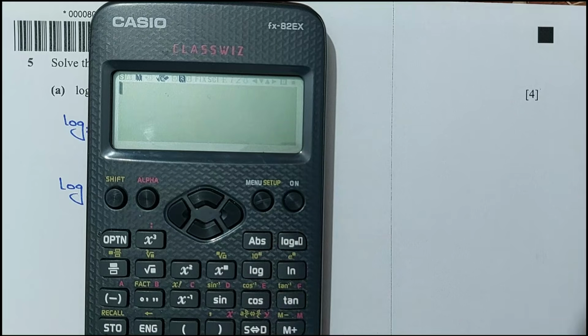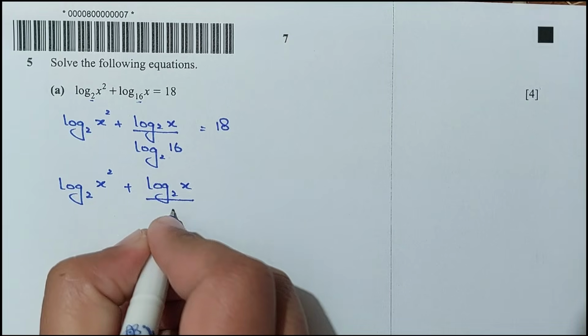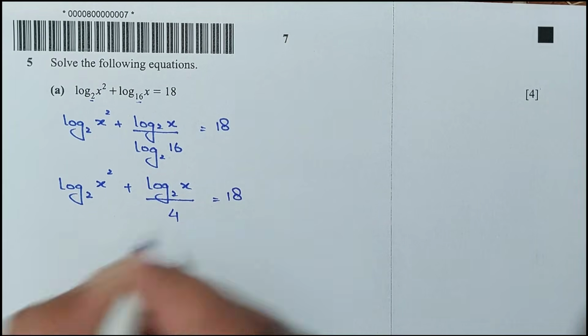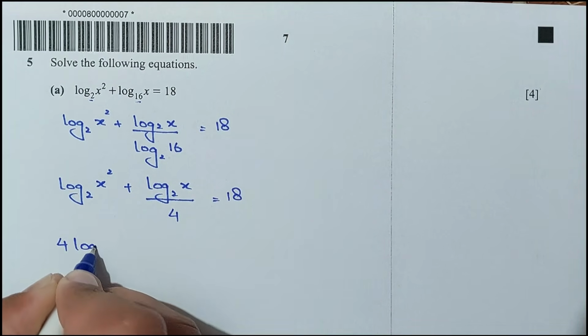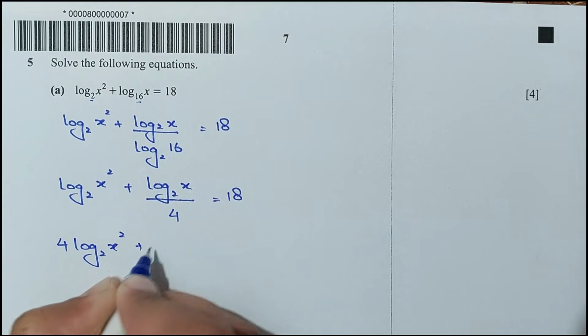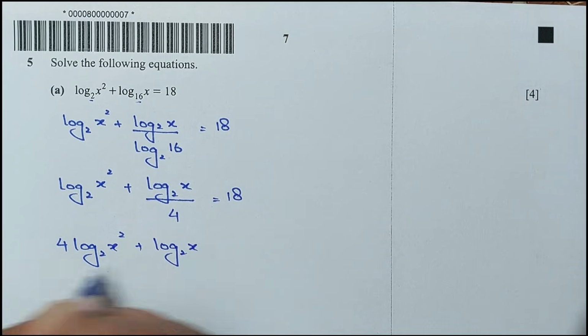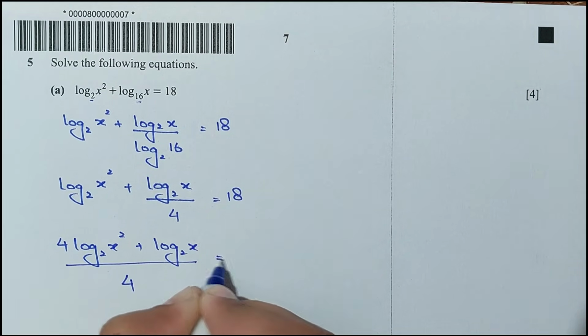All right, log base 2 of 16 is 4 and equals 18. So 4 log base 2 x square plus log base 2 x divided by 4 equals 18.